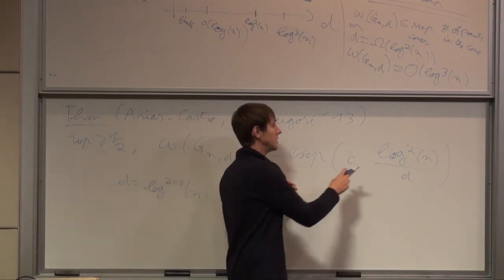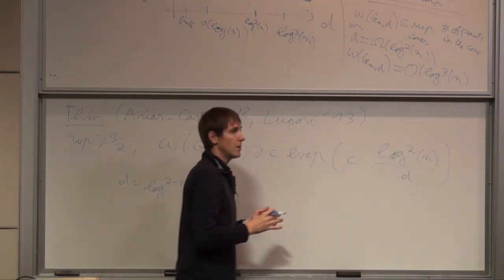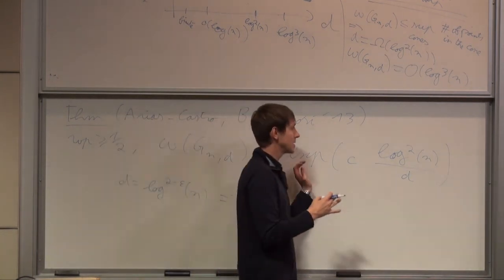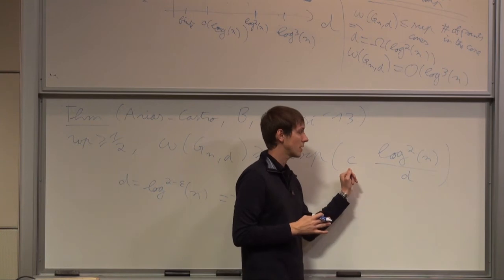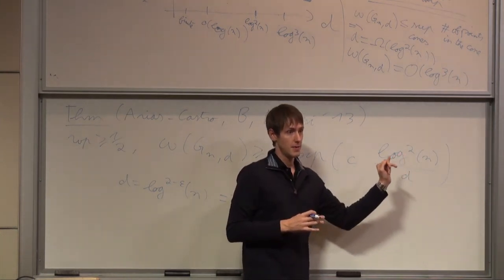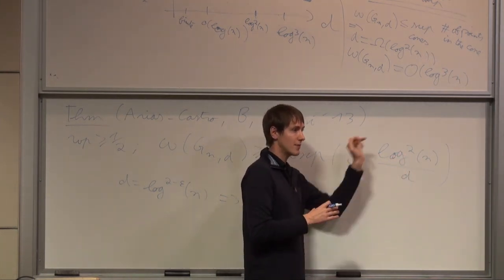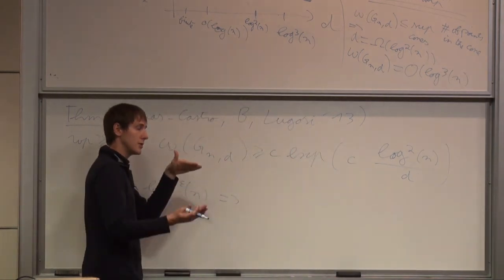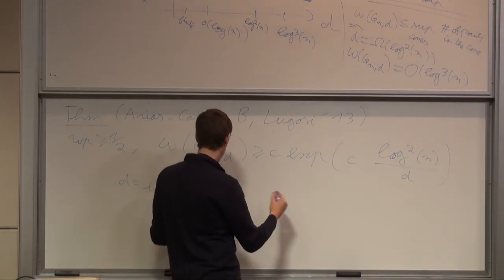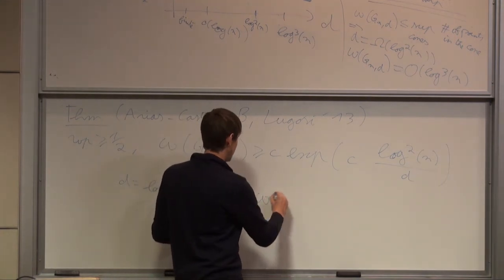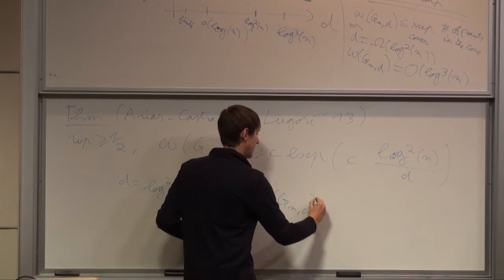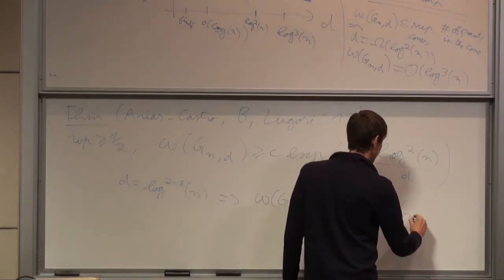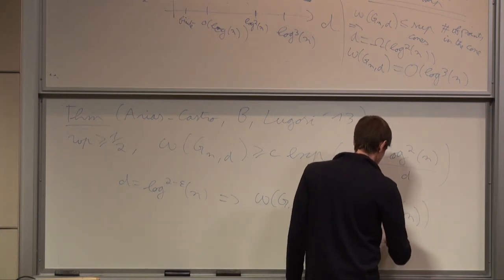To be polynomial, you would need epsilon to be 1, but that's certainly not polylogarithmic, because something which is polylogarithmic is exponential of a constant times log log n. So here you don't have log log n, you have log to the epsilon of n. So you are in between polynomial and polylogarithmic, you are super polylogarithmic. So what this means is that the clique number is omega of log to the a of n for any a.